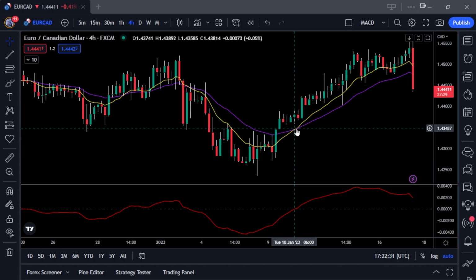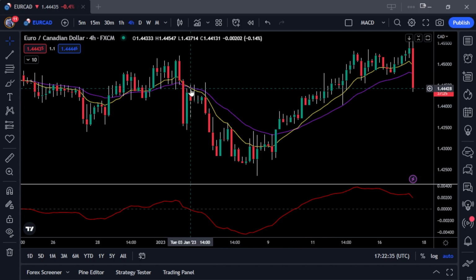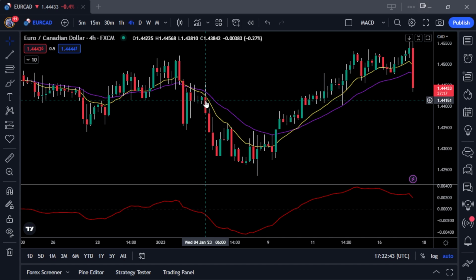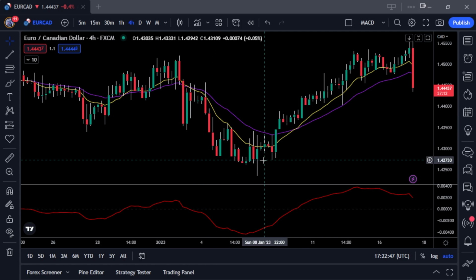So it's a bullish signal, and vice versa. When the faster moving average crosses down through the slower 26 moving average, it suggests that it's a potential sell signal.